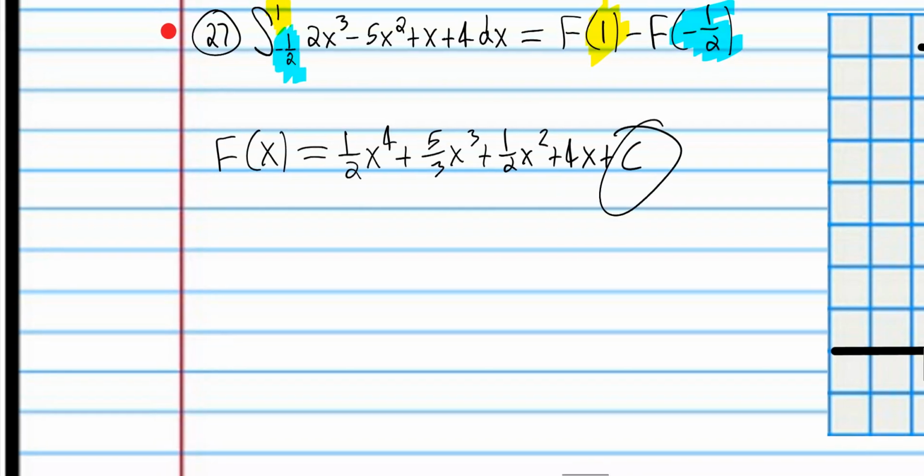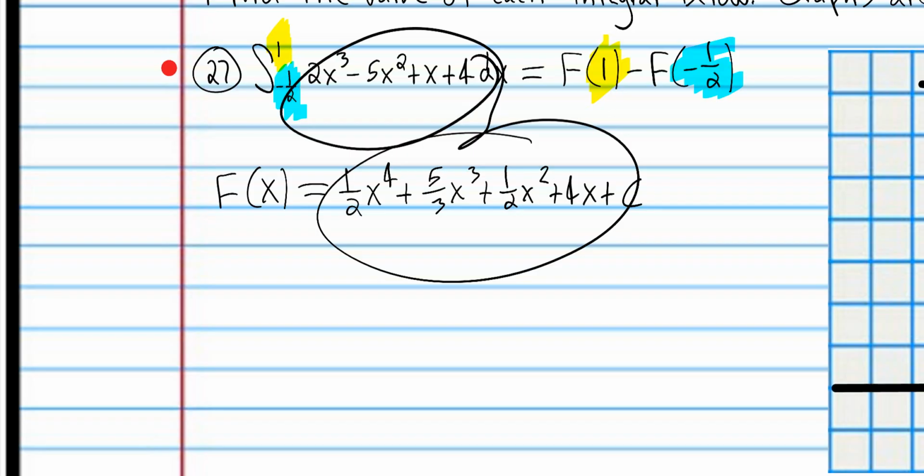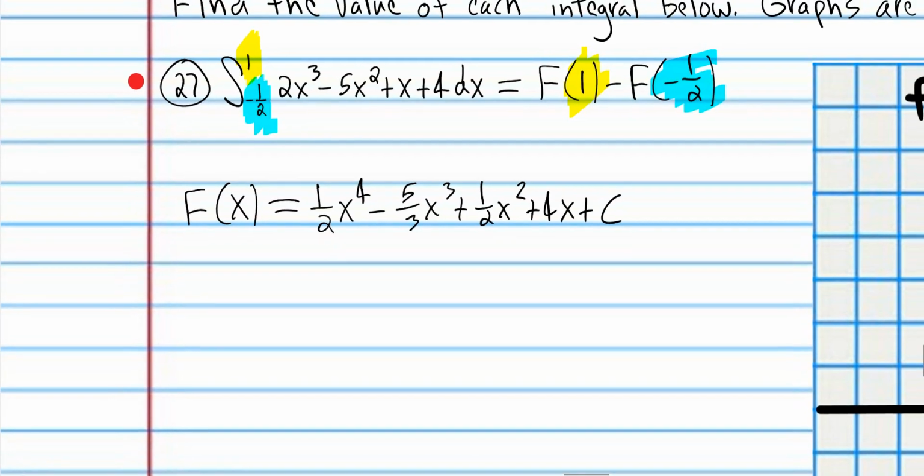So first of all, let's check this. Let's find the derivative of this and see if we get the original function. So it looks like we do, but I accidentally put a plus sign there. See, that's why you have to double check. Constantly go back and double check, double check.